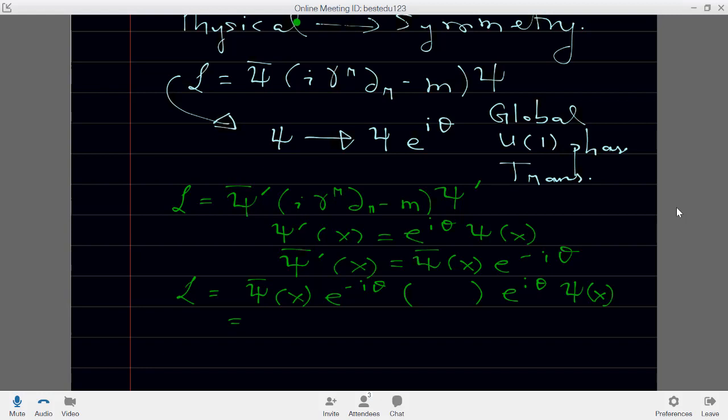So the e to the power minus i theta and plus i theta cancel, and we have psi bar of x, and what was in the bracket, i gamma mu del mu minus m psi of x. We regain the same form, so the form of the Lagrangian is the same under this transformation. This is how beautiful symmetry is.